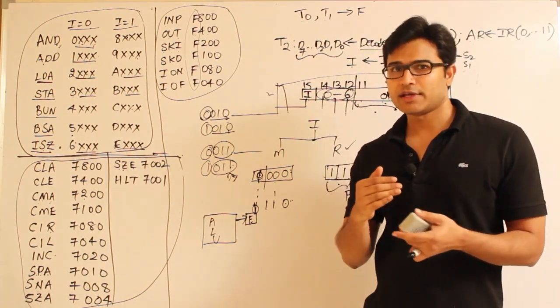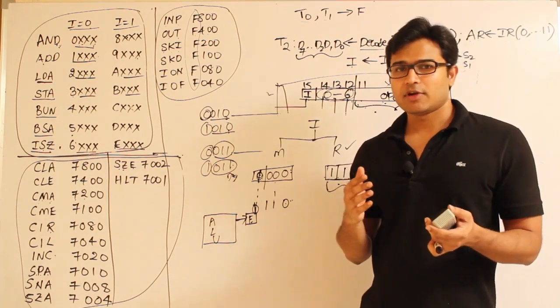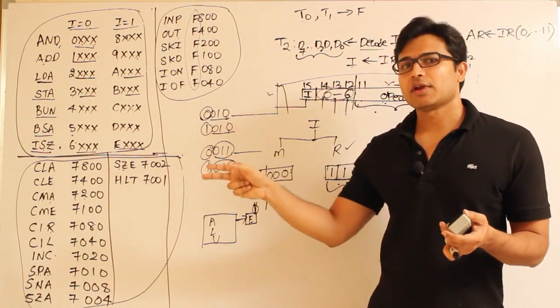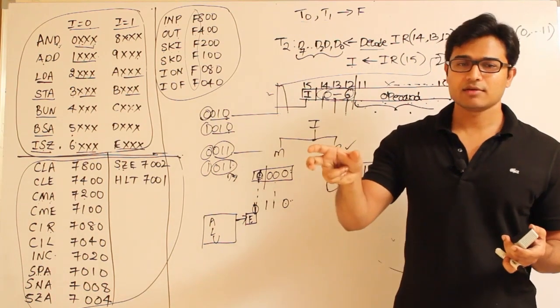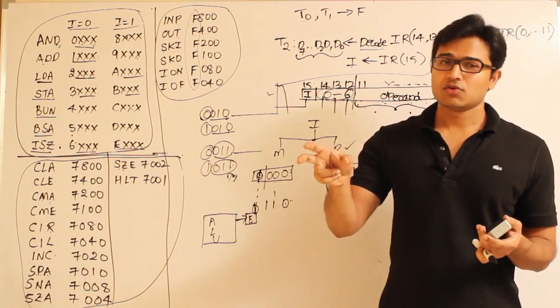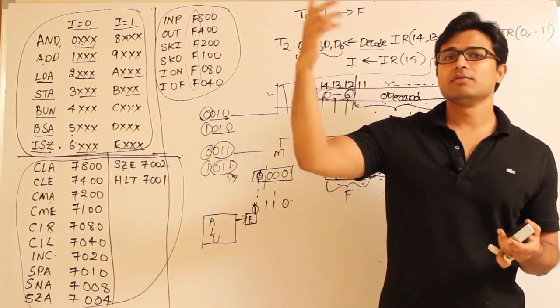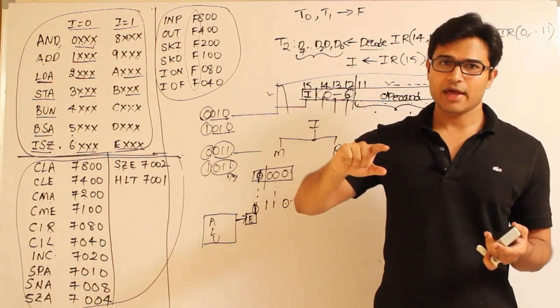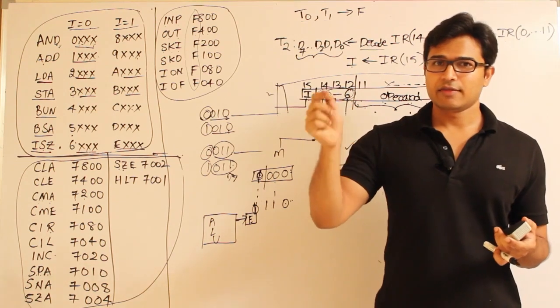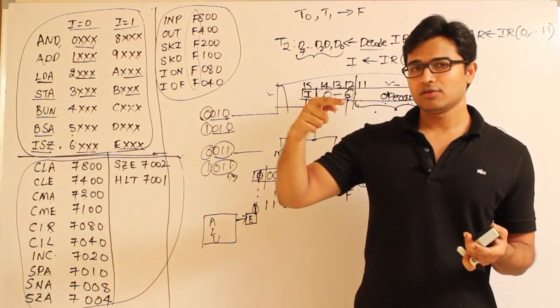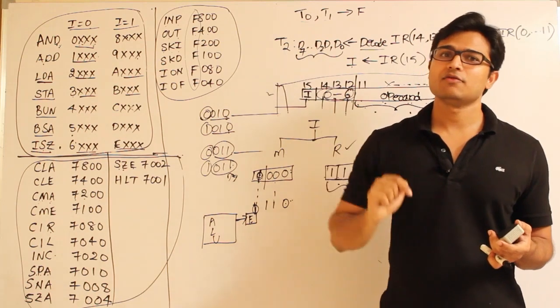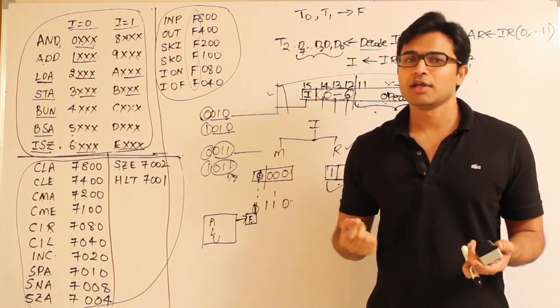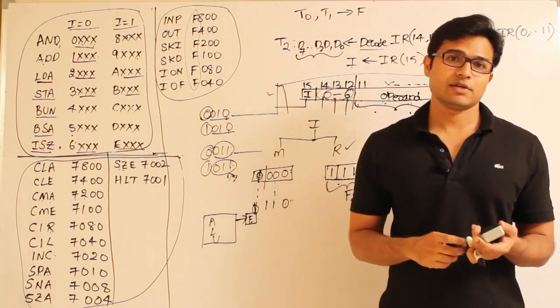Therefore, just to synchronize, a device will try to write into the input register, but it will take a lot of time. During that time our CPU will be busy doing something else, and then after writing into the input register, the device is supposed to inform the CPU by setting a flag saying that it has written some input. For that we are going to have a special flag.